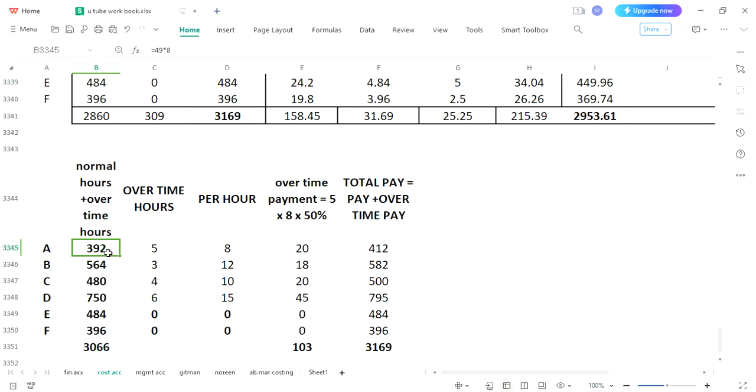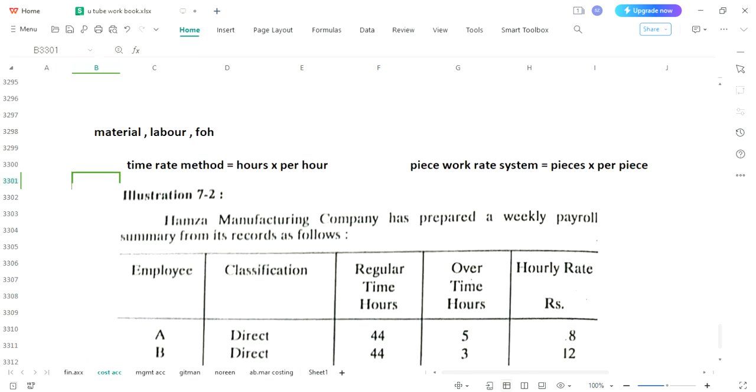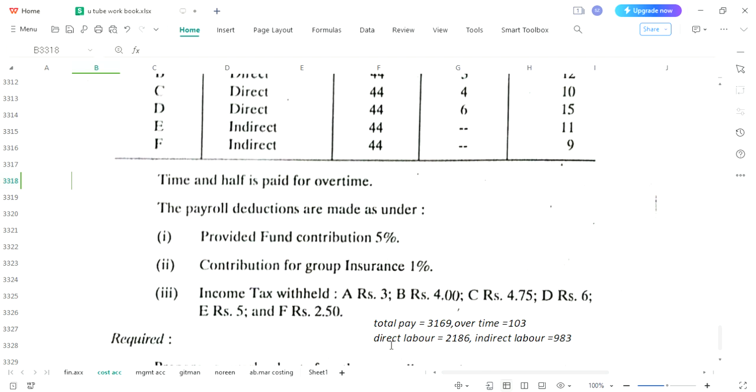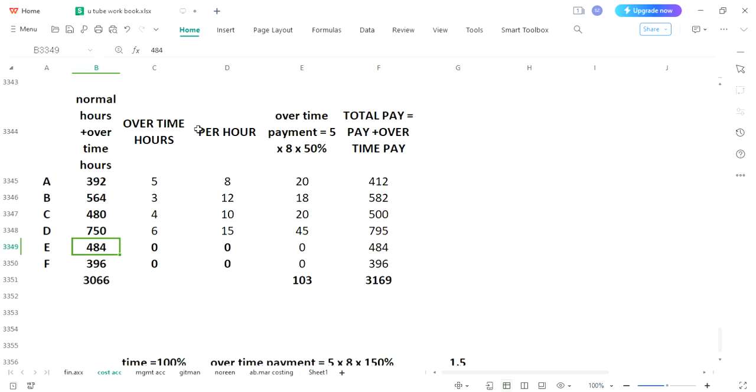As you can see that we have taken 49 hours, while actually for worker A normal hours were 44. So what you have done, one part of this overtime directly added in normal hours, 49 hours, and you have paid them in this way.